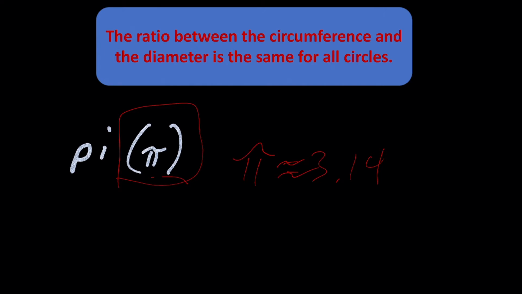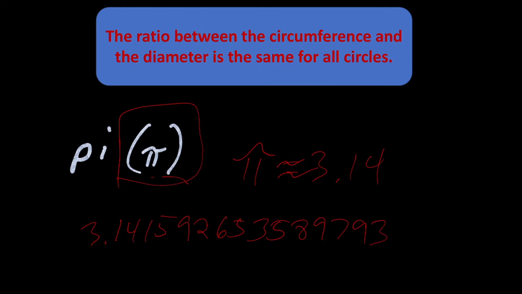If you were to hit pi on your calculator, you would get the number 3.141592653589793, and that's all the numbers that it actually shows on a calculator. So we round it to the hundredth. When we're dealing with pi, it's an approximate number.